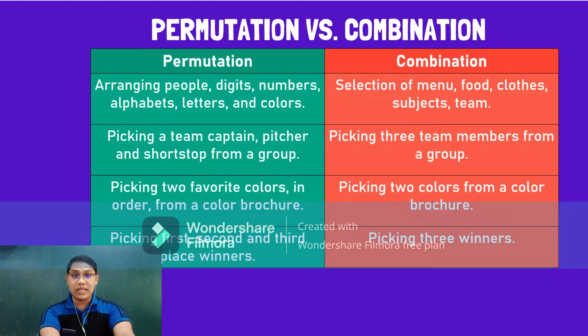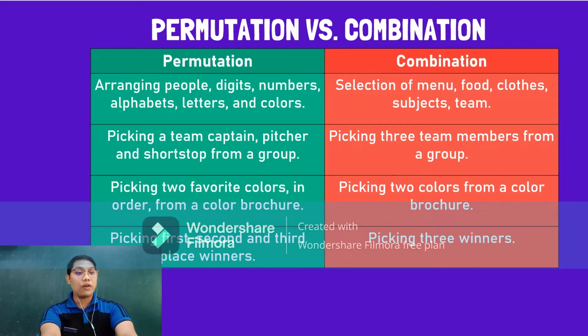So why do you think this is a permutation? This is a permutation because if we pick a certain role for a captain, a pitcher, and a shortstop, there is really an order because every person can have a different role. For example, I will be chosen as captain, and in another arrangement, I will be chosen as a pitcher. So in a way, it is different.